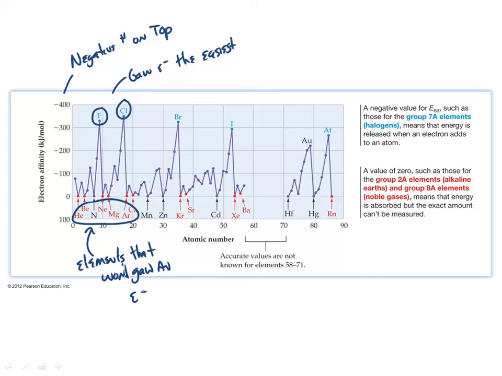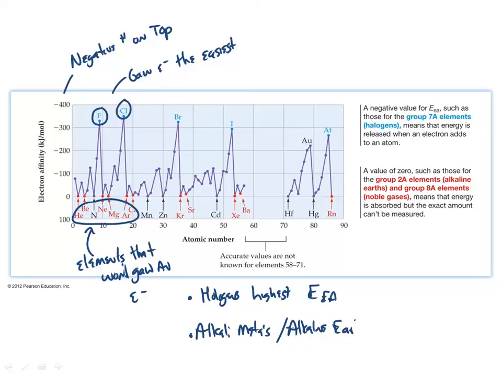So electron affinity is a little bit more complicated than ionization energy, because the process is a little bit more complicated. The part that we want to take from this is that generally halogens have the highest electron affinity, and alkali metals and the alkaline earth are basically 0.